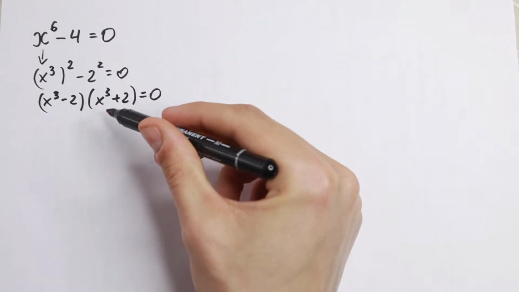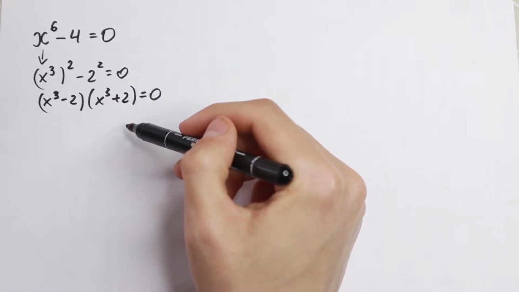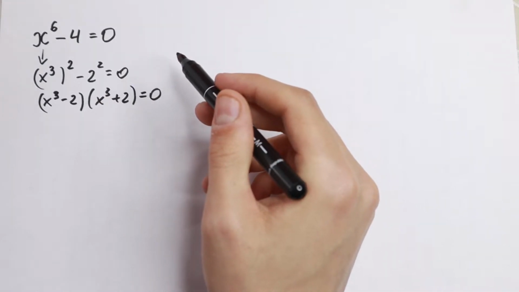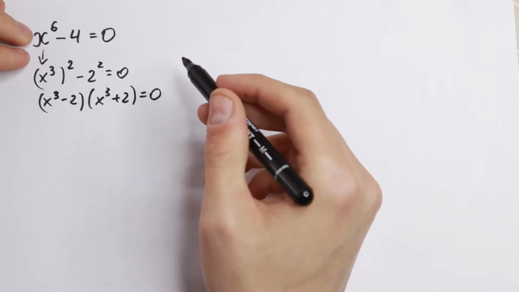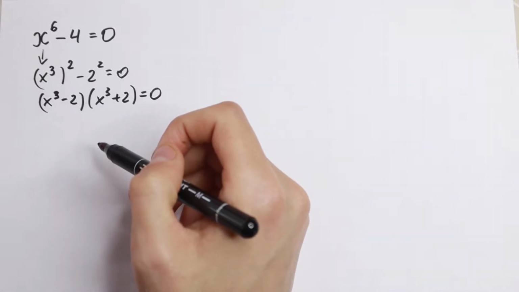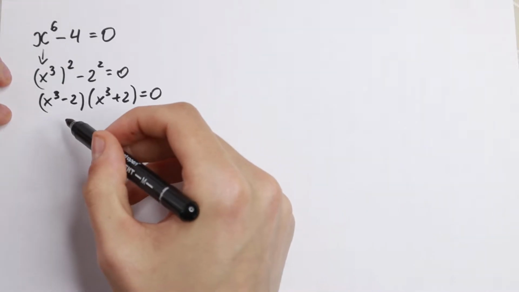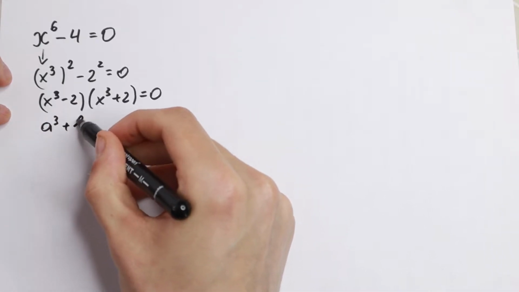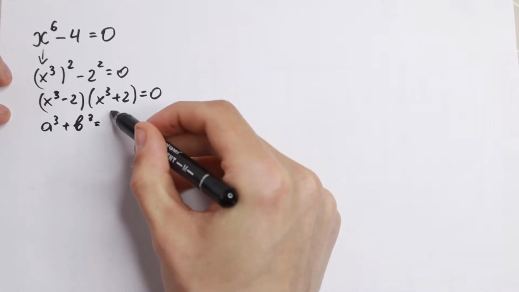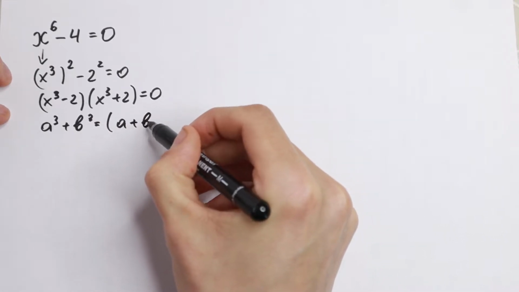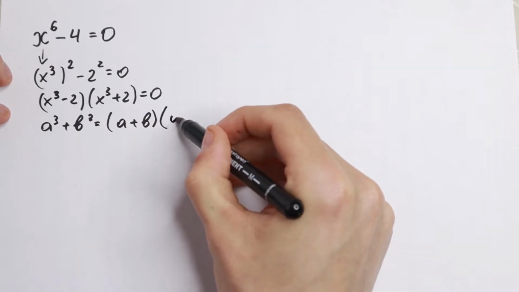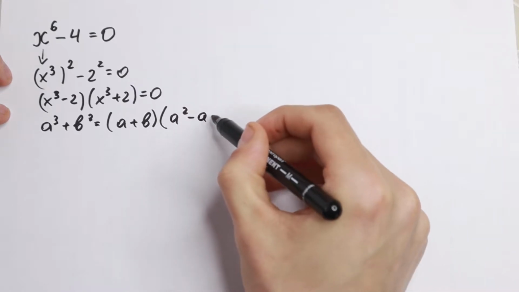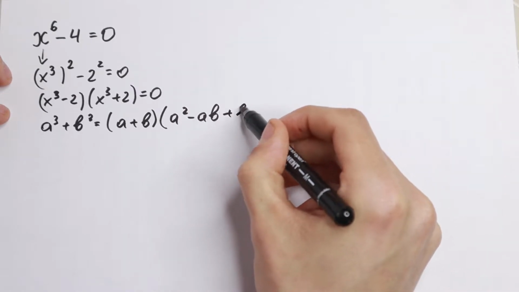And right here we have a third power. Moreover, we need to know a really good formula: the formula of the sum of cubes and difference of cubes. First of all, we write this formula: a cubed plus b cubed. We will have a plus b times a squared minus ab plus b squared.